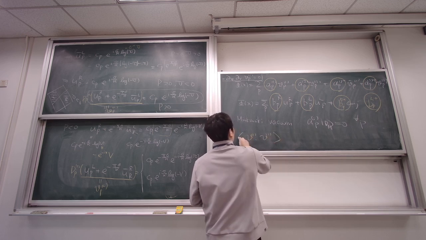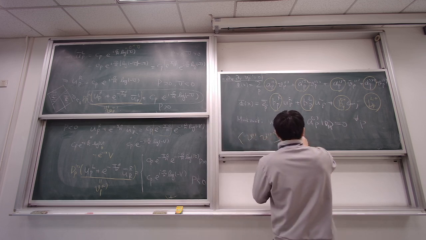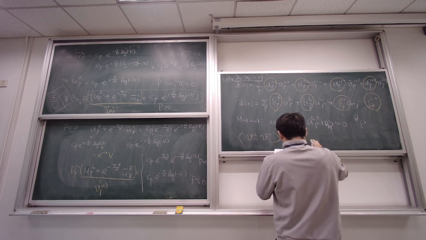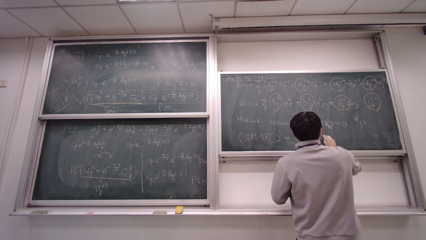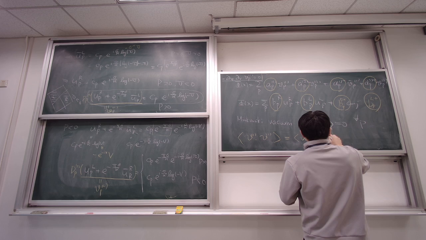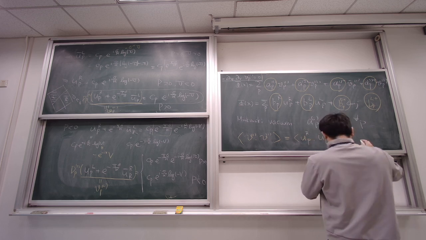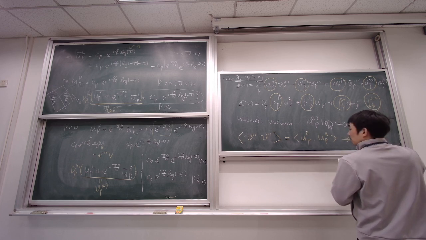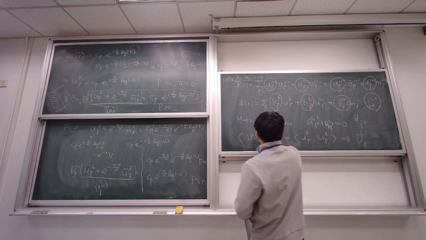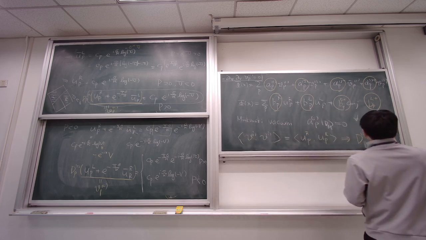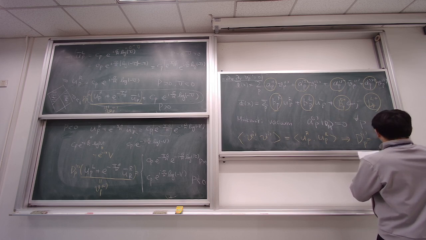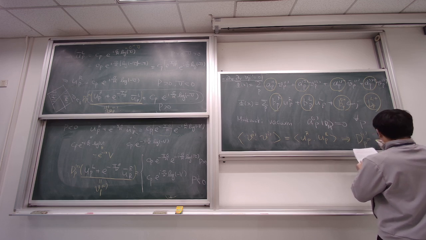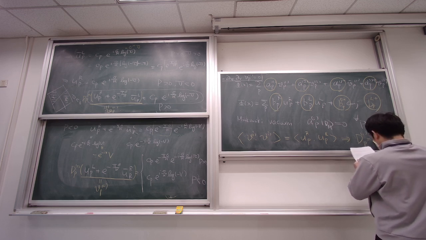The norm should be equal to the norm of U_R P and U_R P. And from here, you can easily determine that the normalization constant of P is given by e to the pi sigma over 2 kappa divided by square root.